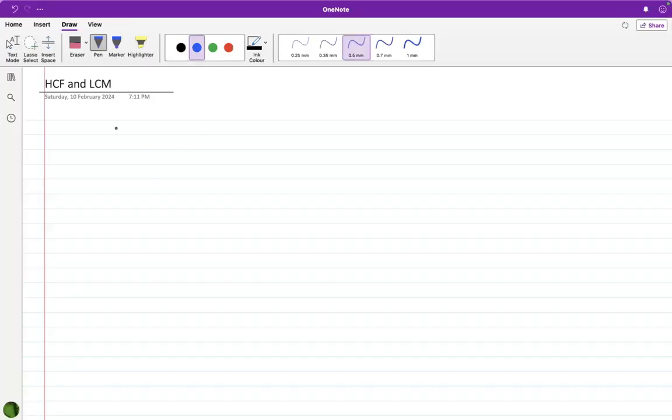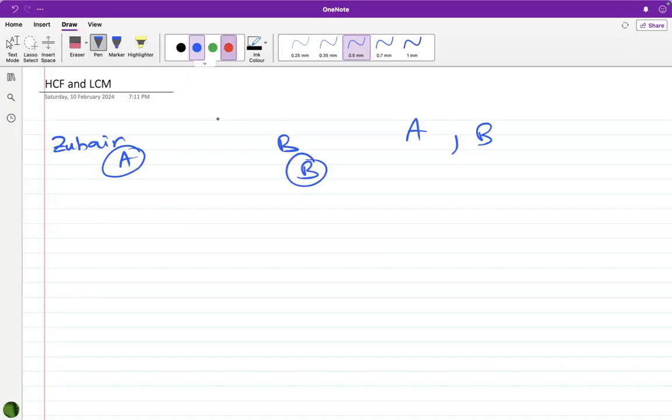We are in a debate and there are two teams, team A and team B. They have a match. Zubair says that A will win and Balam says that B team will win. Now I have some coins which are worth $3 each. Balam has some coins which are worth $4 each.